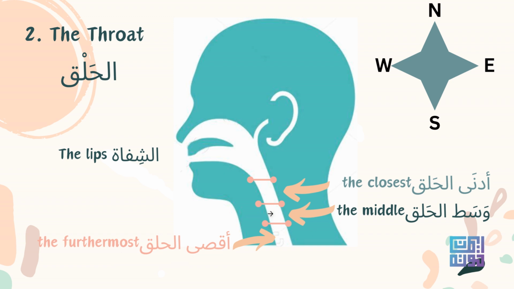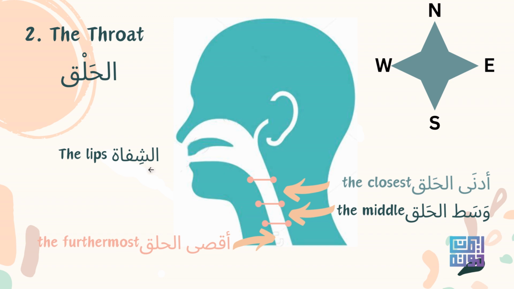And then comes the middle part of the throat, Wast al-Halq. And then comes the closest part of the throat, which is this part, Adna al-Halq. And there comes a question. Closest to what? And furthermost compared to what?